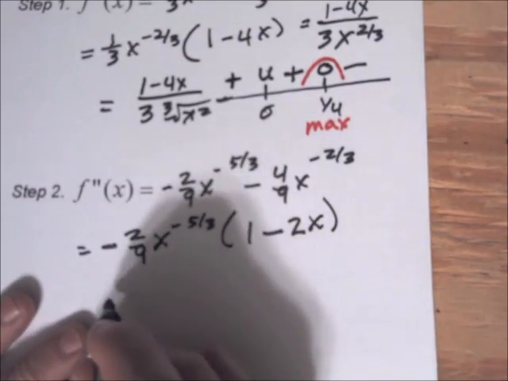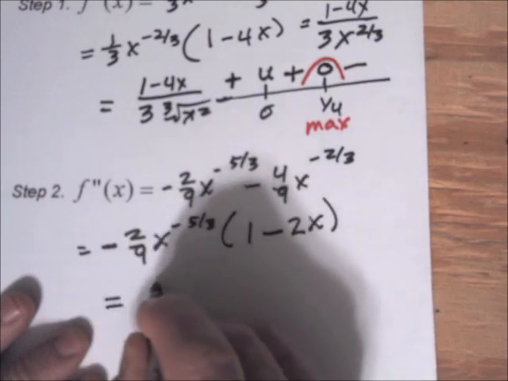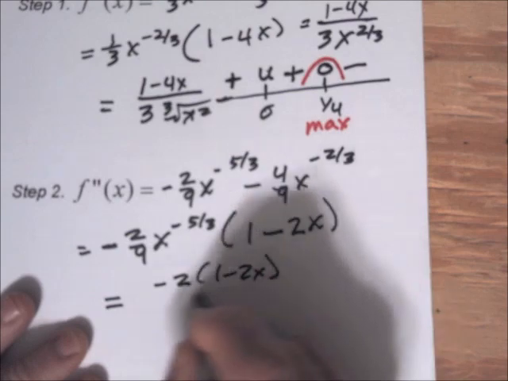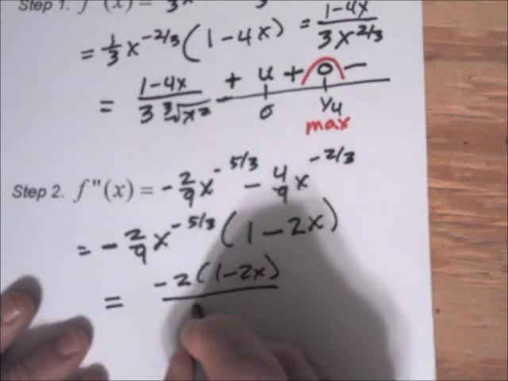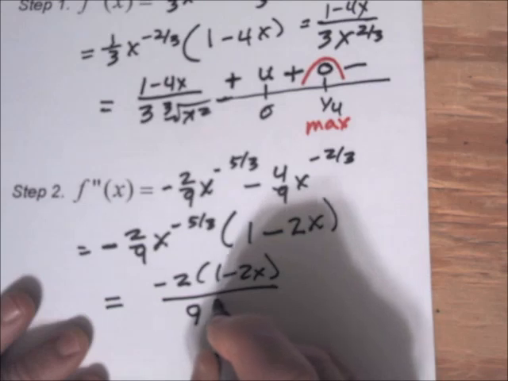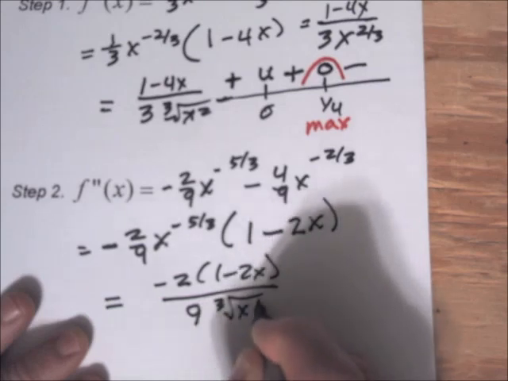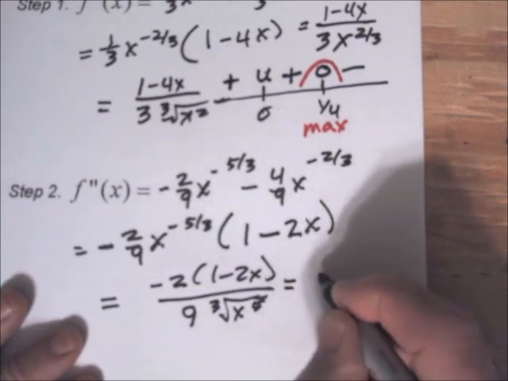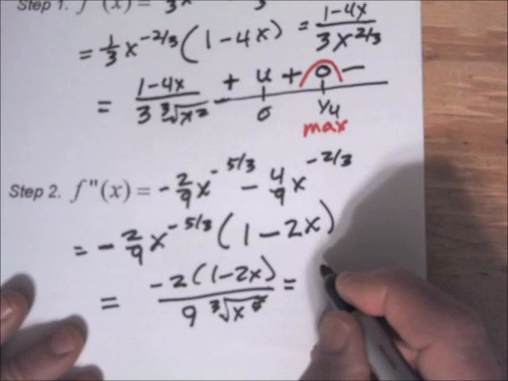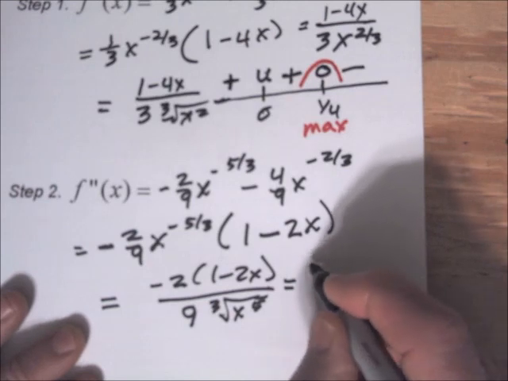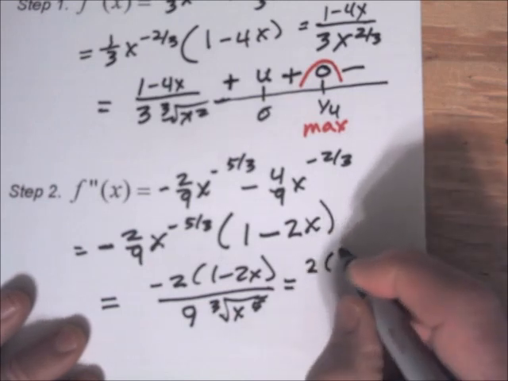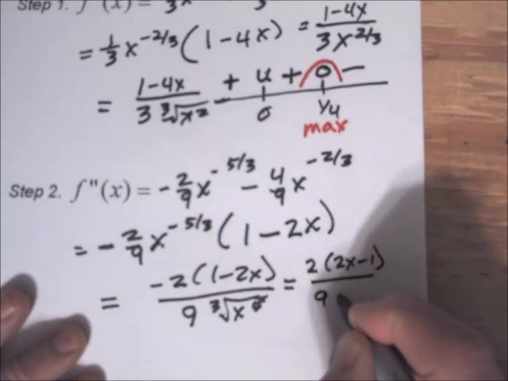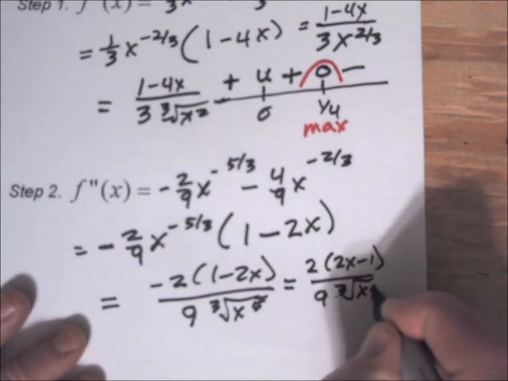Okay, so we can write this as a fraction, then minus 2 times the quantity 1 minus 2x over 9 cube root of x to the 5th power. Or if we distribute the minus sign, we'll have 2x minus 1 over 9 cube root x to the 5th power.